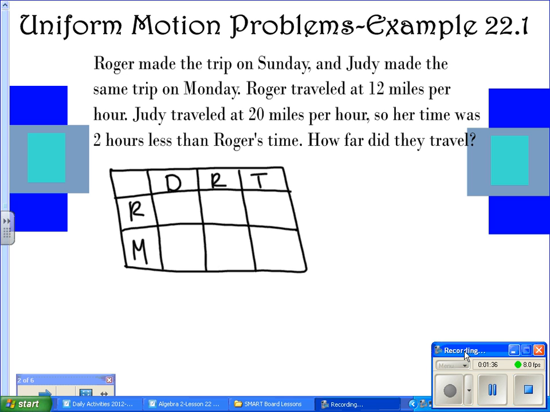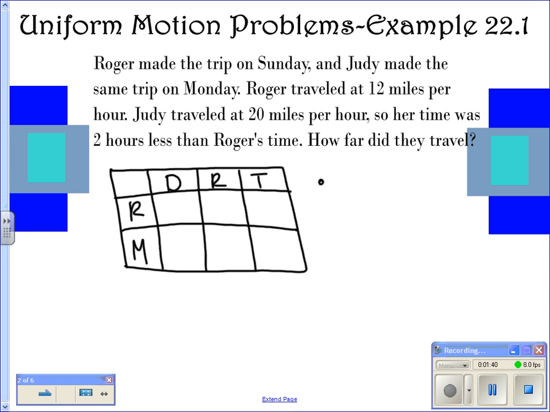I'm about to. Roger started here. Where did he go? It doesn't really matter. Okay, that's where he went. What about Judy? Same spot.